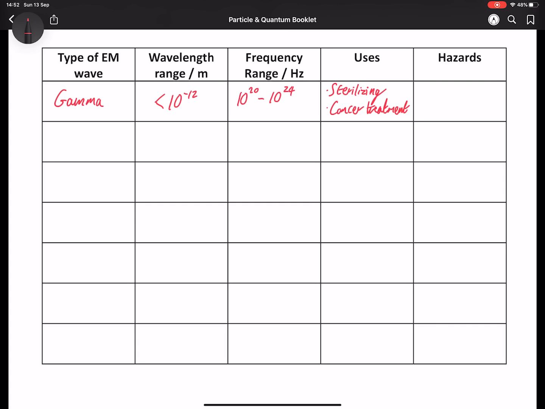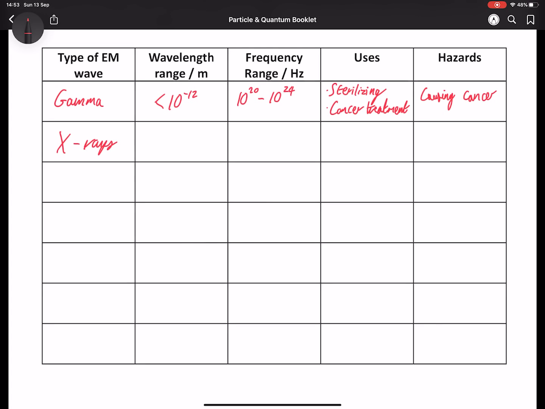Hazard-wise, it's commonly known that, again, intense gamma rays can cause cancer. So causing cancer is a risk of being exposed to them, simply because they can damage your cells, damage the DNA, which will inevitably cause cancerous effects.